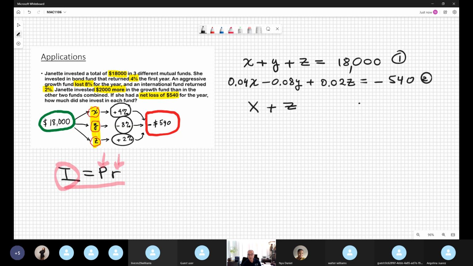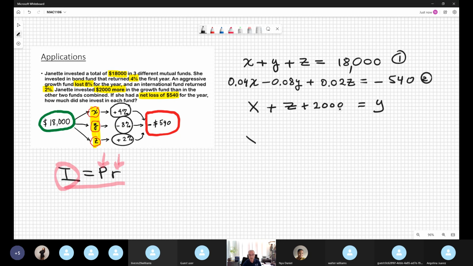And Y, let me put an equal sign here. Y is the money that she deposited in the aggressive growth. But these are not equal to each other, no? The difference between them is 2,000, no? Okay, there are many ways to write that. You add 2,000 here in order to balance this money.